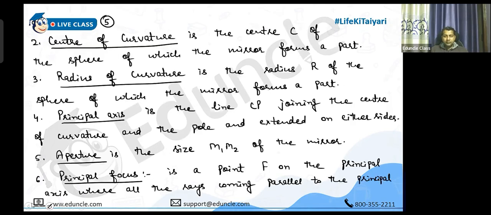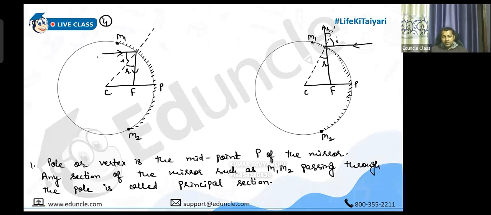See, in case of concave mirror, you are taking these parallel rays. If you take another parallel ray, even then it will come at focus. If you take another one, even then it will come at focus. So in this case, they are called converging rays. These are converging at a single point.